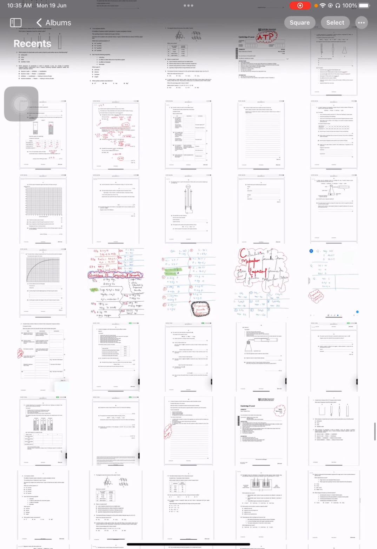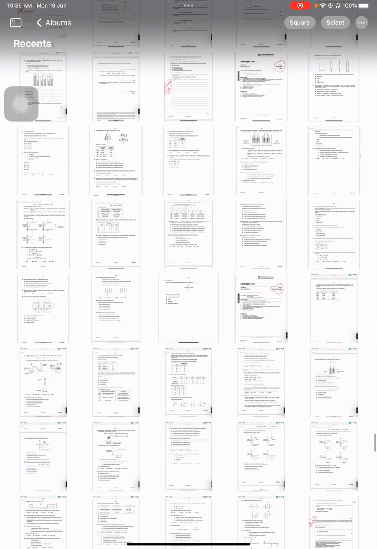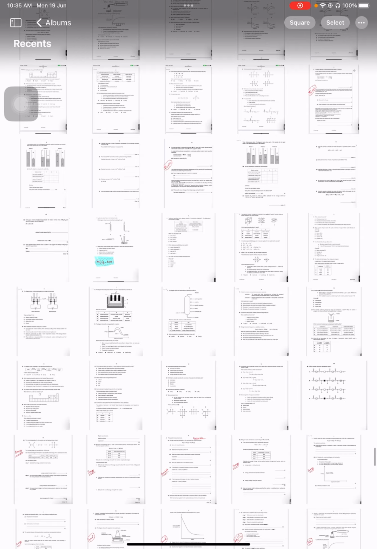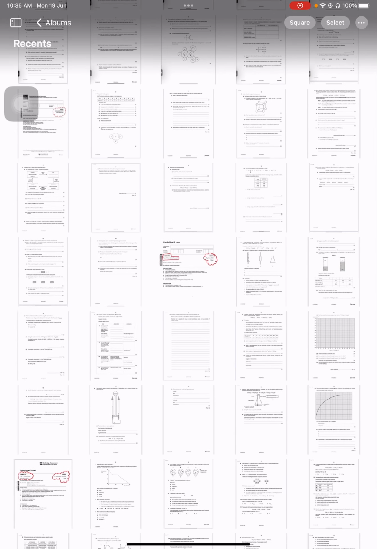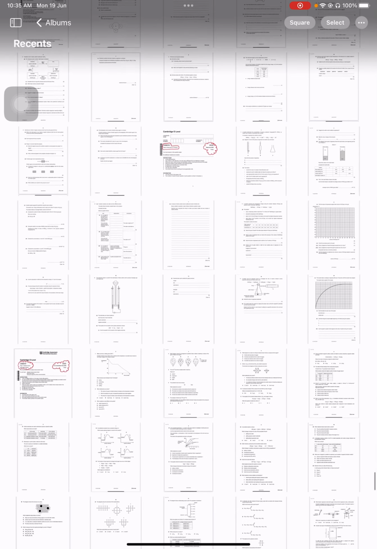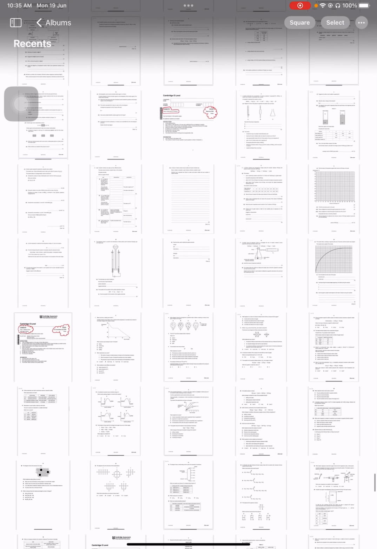No, the periodic table is not here. Okay, I can tell you right now, but we can definitely have a discussion about the periodic table when I teach you the details of it.